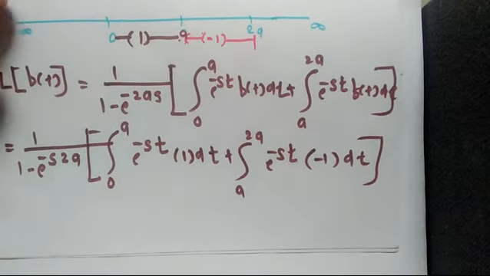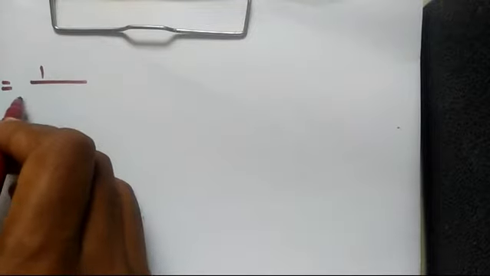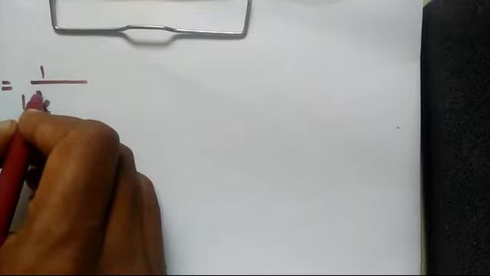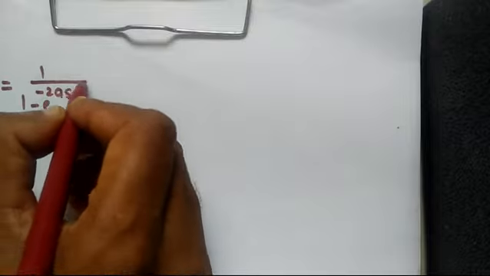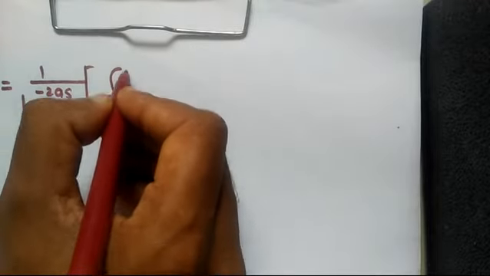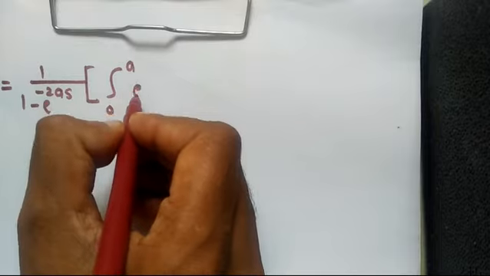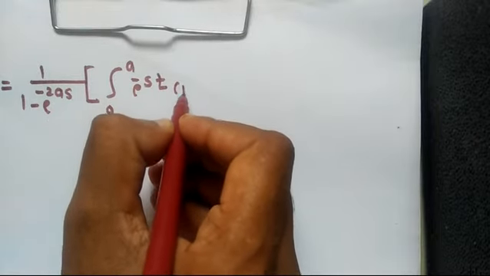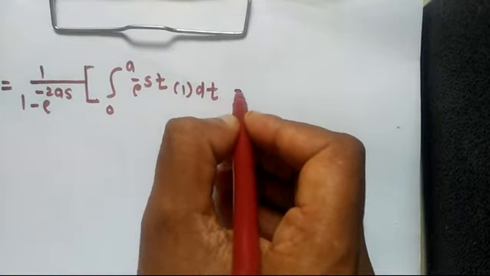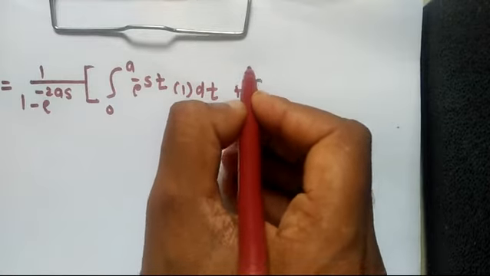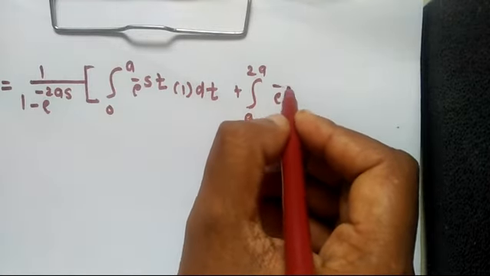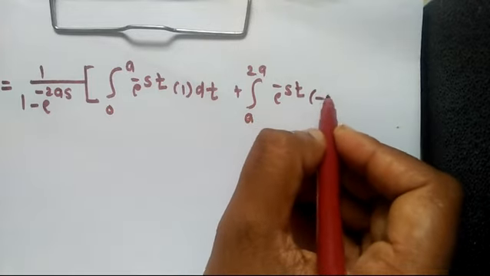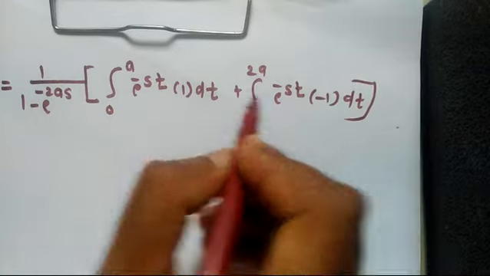So we'll solve this integration. I'll write, repeating this step, 1 upon 1 minus e to the power minus 2as, integration from 0 to a e to the power minus st 1 into dt, next a to 2a e to the power minus st minus 1 into dt.